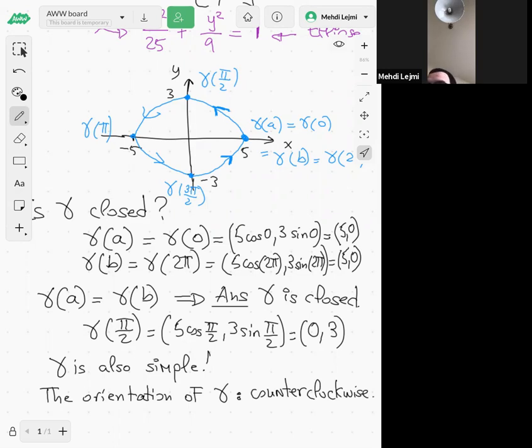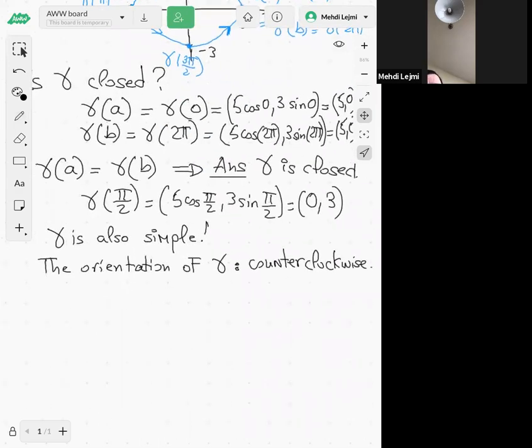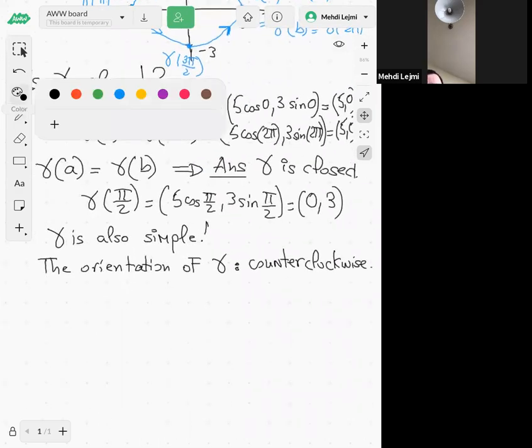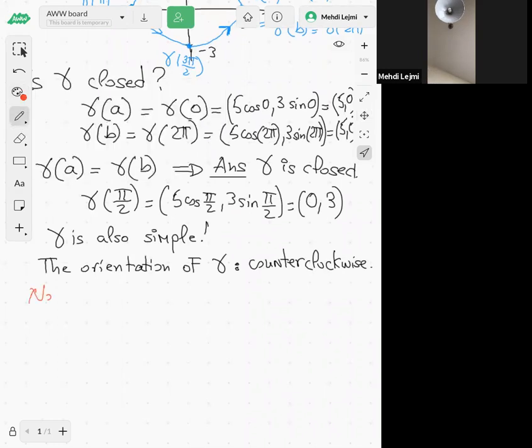Now, I can parameterize the same ellipse with a different parameterization. So let's say now I have alpha of t, a different parameterization.